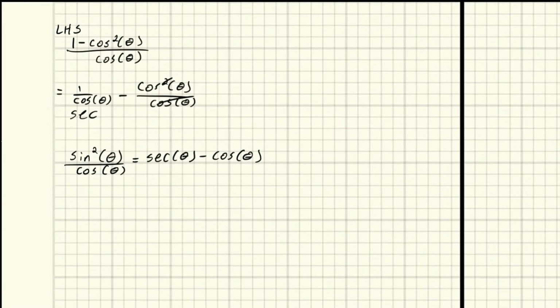And then we say, by the Pythagorean identity, and I'll write that right here in purple, the Pythagorean identity. And this produces 1 minus cosine squared theta over cosine theta is equal to secant theta minus cosine theta.